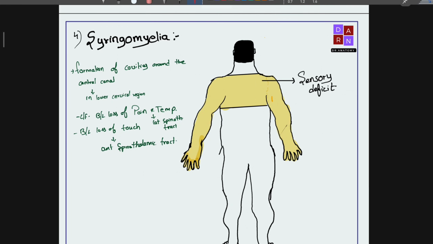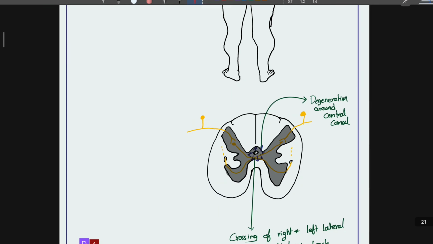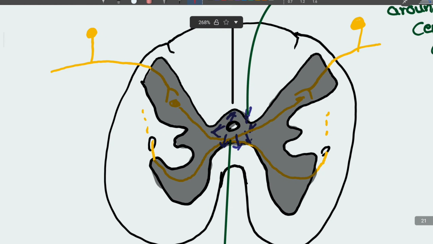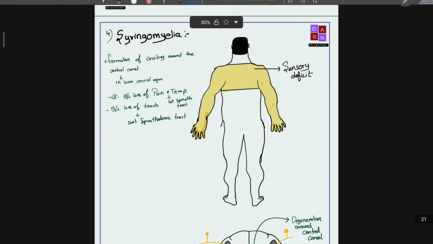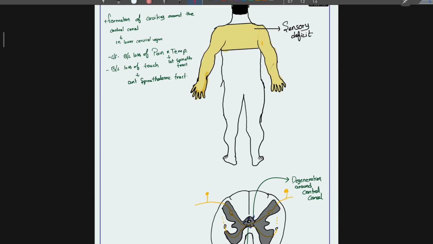The next clinical anatomy disease we are going to discuss here is syringomyelia. In the spinal cord, at the spinal canal, cavities are formed around the central canal, mostly in the lower cervical region.